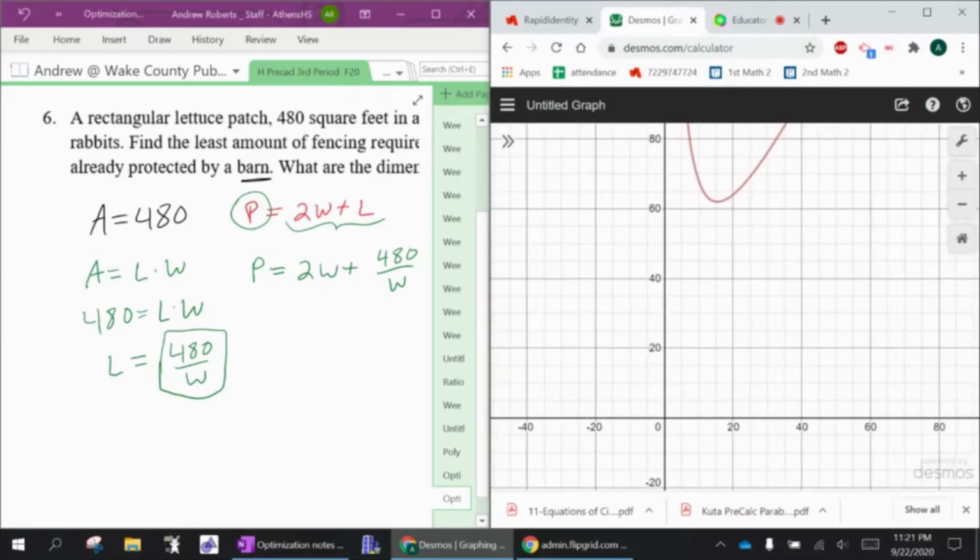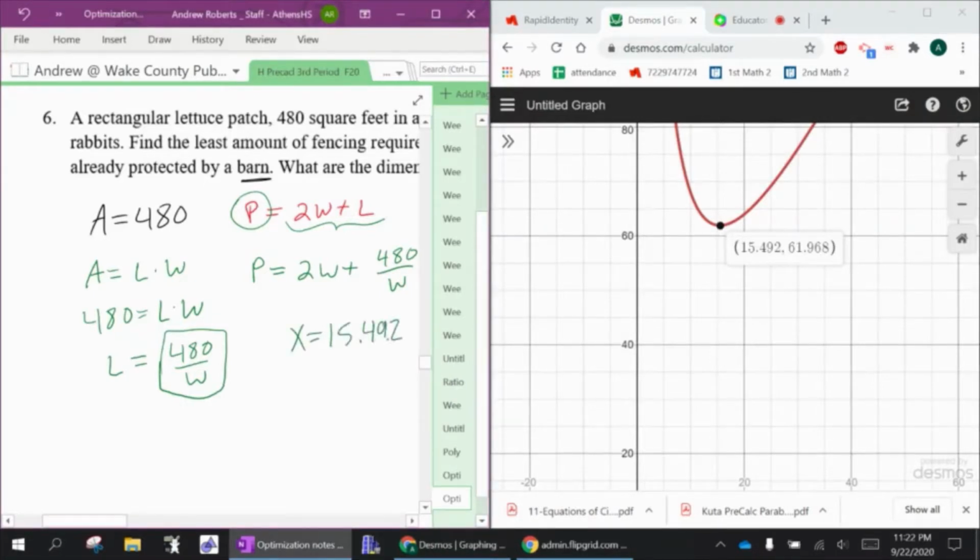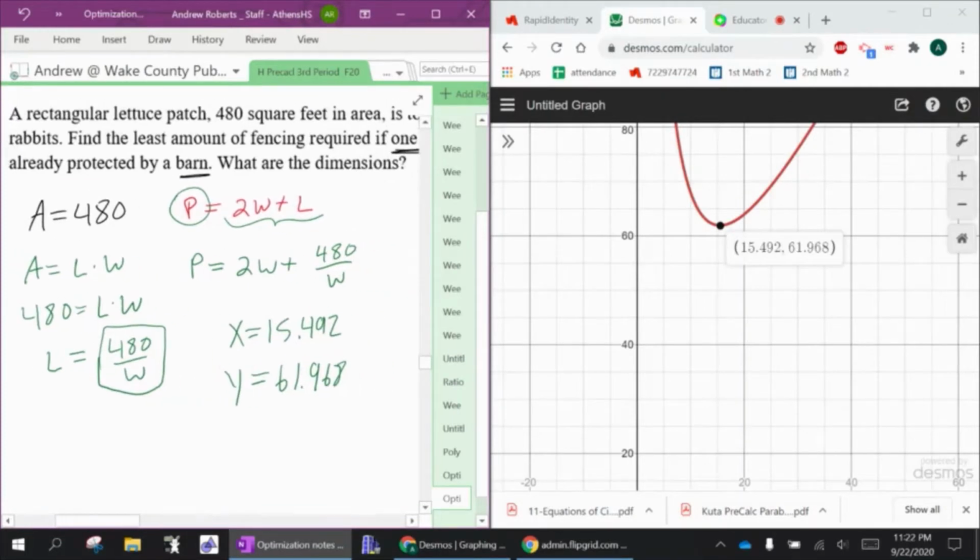There we go. I'm looking for the minimum, which means I can just click right there. I get 15.492. So in my graph, x equals 15.492, and y equals 61.968. So now I have to make sense of what those dimensions are.